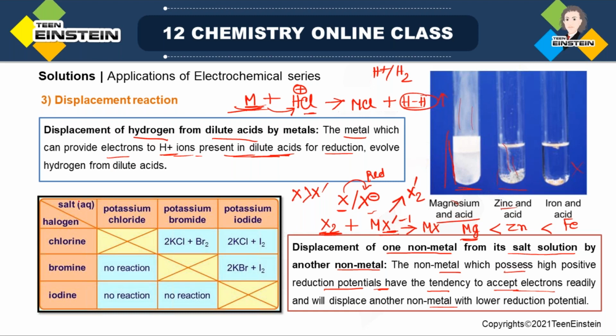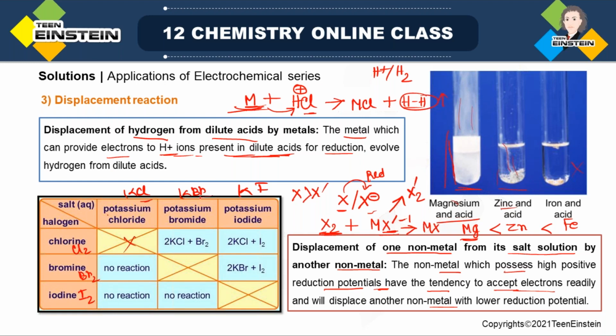Now look at these examples. Here we have taken KCl, KBr, KI, and in the left-hand side column, chlorine, bromine, iodine. When chlorine is added to KCl, there is no reaction.